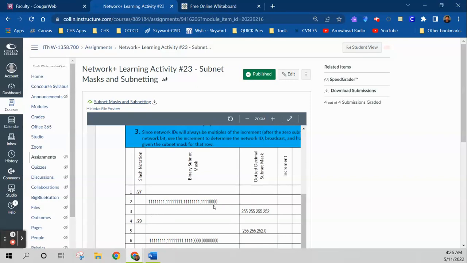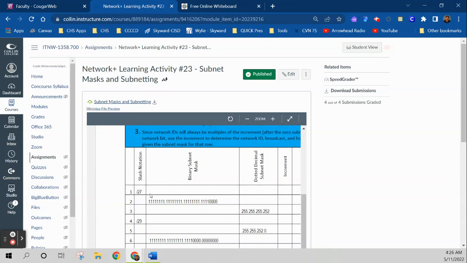So these two numbers are exactly the same. It's just one's in binary and one's in decimal. That's the only difference. And the increment, if you knew anything about Class C subnetting, is the last borrowed bit. And I'll try to demonstrate that a little better in just a few seconds.